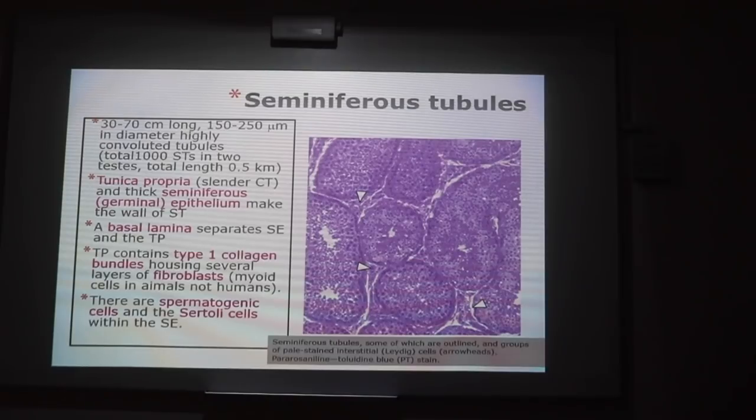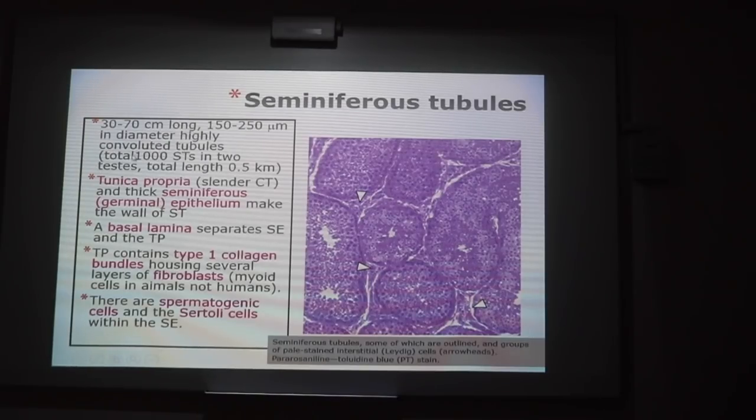So let's start to talk about these seminiferous tubules first, which are 1 to 4 within each lobule of the testes. They are about 30 to 70 centimeters long. So you can imagine that if something is 30 to 70 centimeters long, it's about 2 feet long, but it's coiled. So it's highly coiled, and the diameter of this tube is 150 to 250 micrometers.